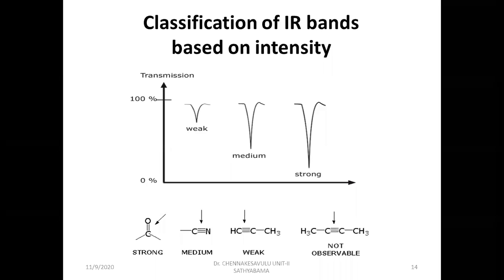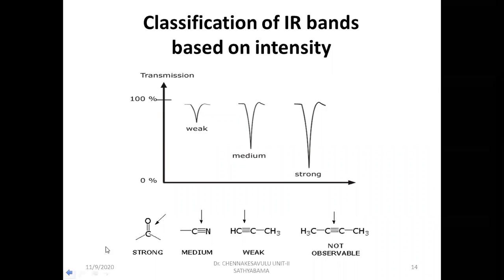This is wave number versus absorption, wave number versus transmission. Now, based on the intensity of the IR peak or IR band, sometimes they name it a band also, we classify the bands or peaks into three: weak, medium, and strong.